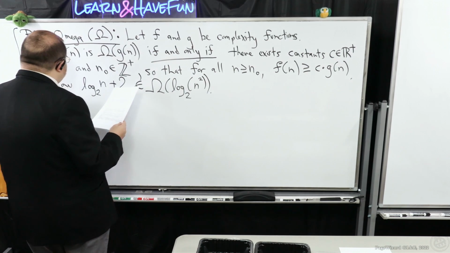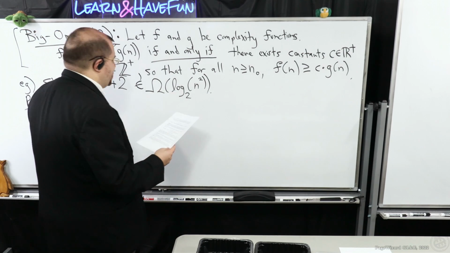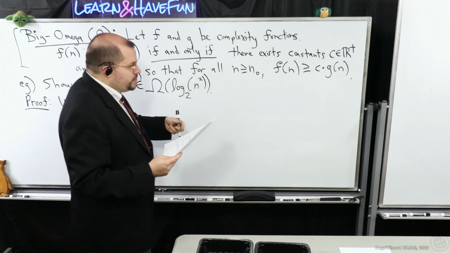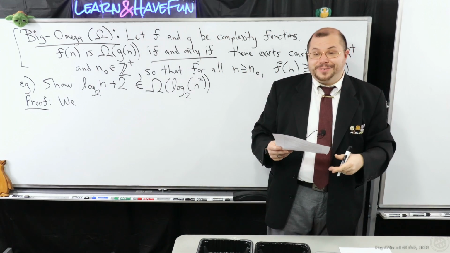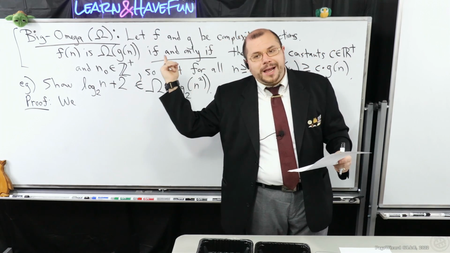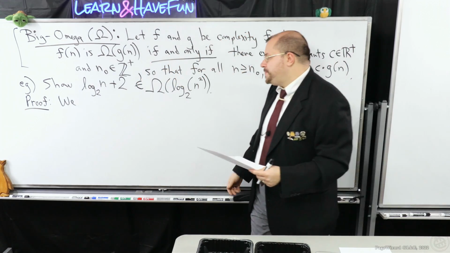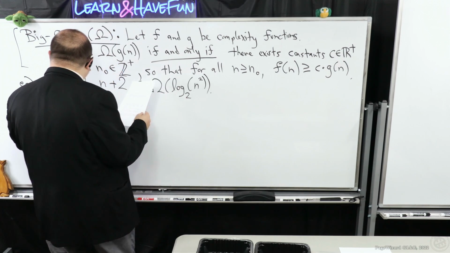Remember, I usually like to say the game plan so the reader knows what exactly we're up to. We're going to find the two constants. We're going to have to come up with an argument that guarantees it's going to work for these two constants. Then I'm going to invoke the definition of big omega, just like I did for big O, to complete the proof. That's at least one way you can go about this.